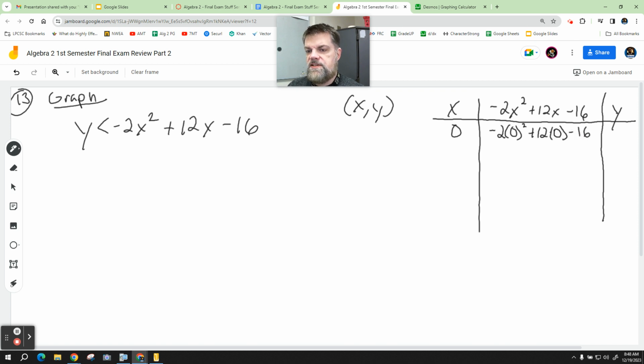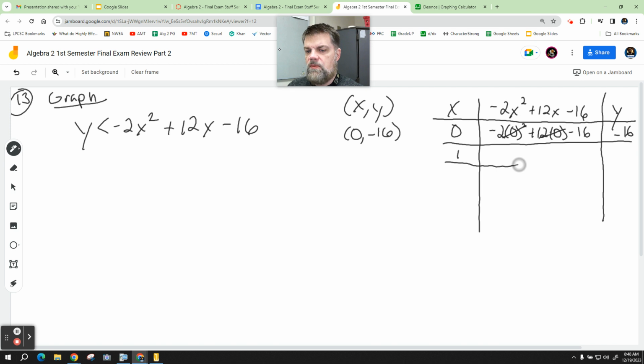What's interesting is this whole term goes to 0, because 0 squared is 0, and anything times 0 is 0. Then 12 times 0 is 0. So 0 plus negative 16 is just negative 16. So one point on the graph is (0, -16). In other words, when I plug in 0 for x, I get negative 16.